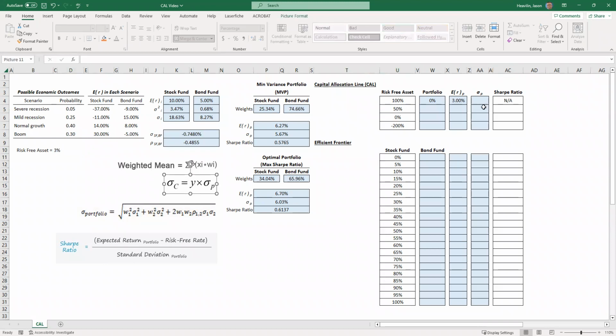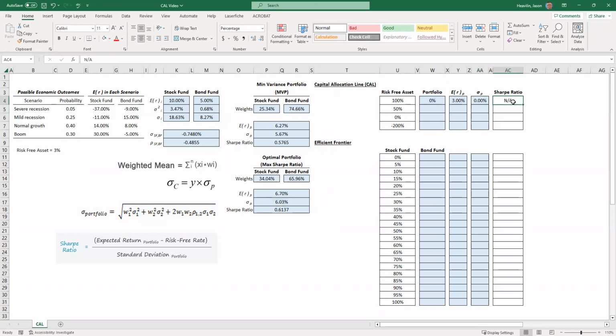So we're going to call this the complete portfolio. That's why the C there is going to equal the weight of the portfolio times the standard deviation of the portfolio. So we multiply the weight of the portfolio times the standard deviation of the portfolio that we're using. We're going to lock that one in place with dollar signs as well.